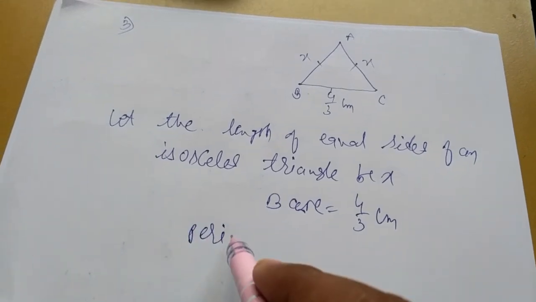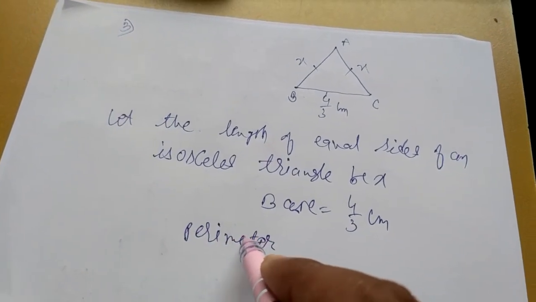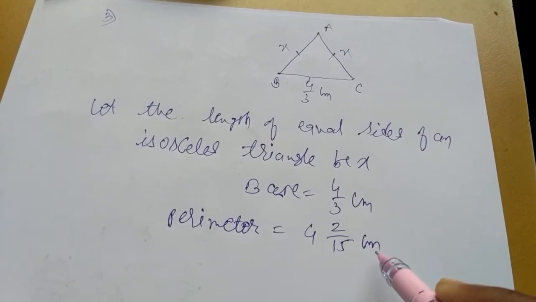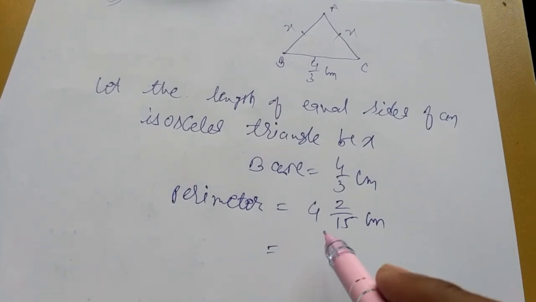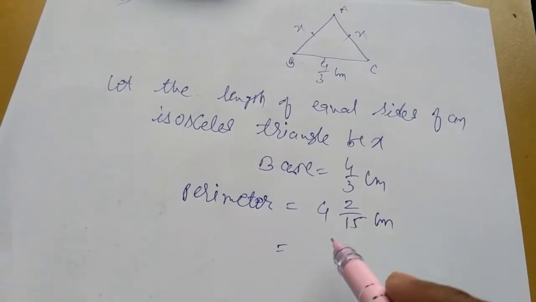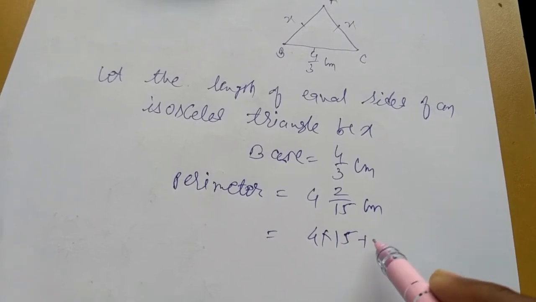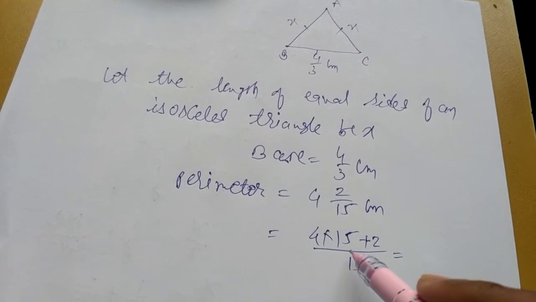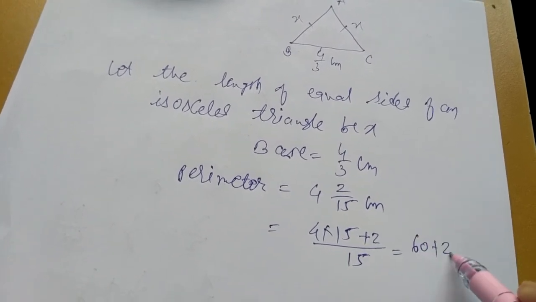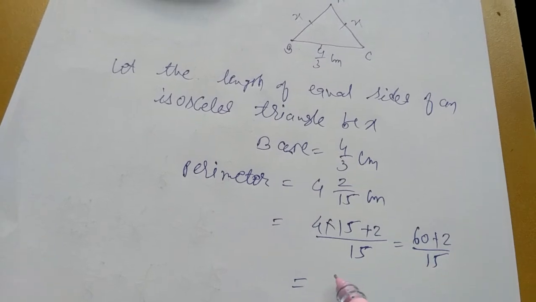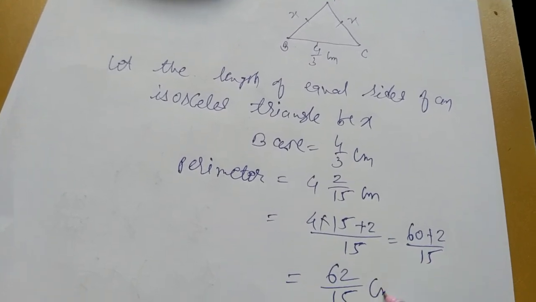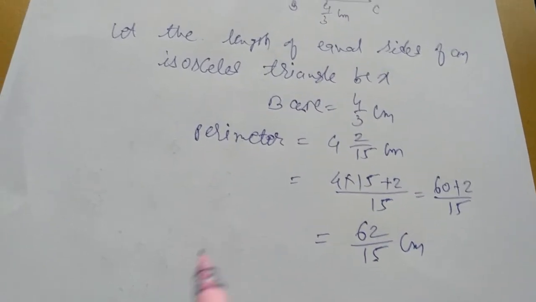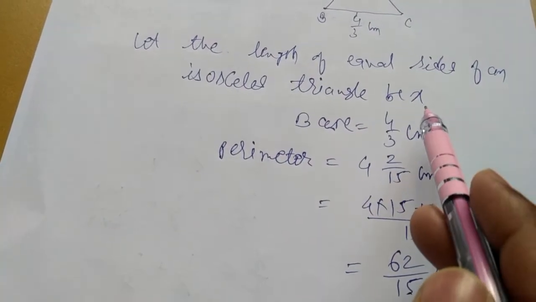Perimeter is also given, equals 2/15 centimeter. It is a mixed number, so we convert this into an improper fraction, means 4 into 15 plus 2 upon 15. 15 fours are 60 plus 2 upon 15, means 62 upon 15 centimeter is the perimeter. Now we have to find the equal sides, means the value of x.